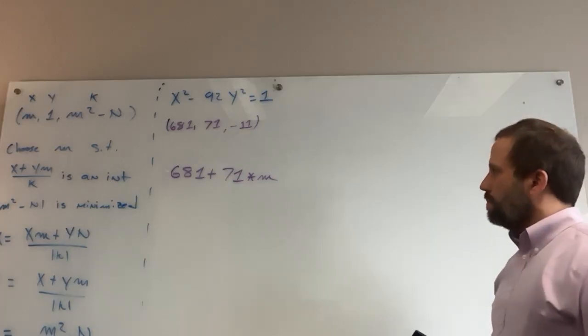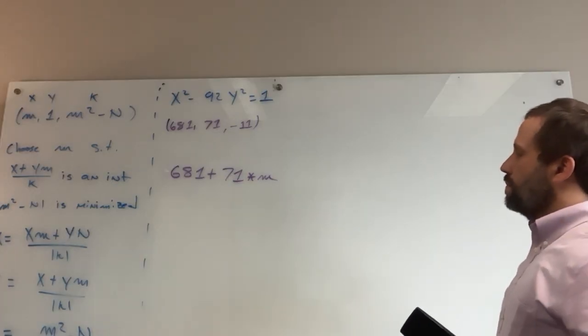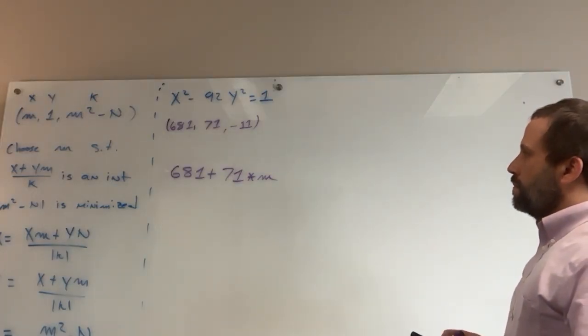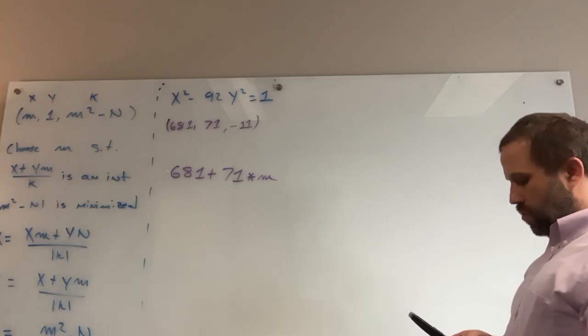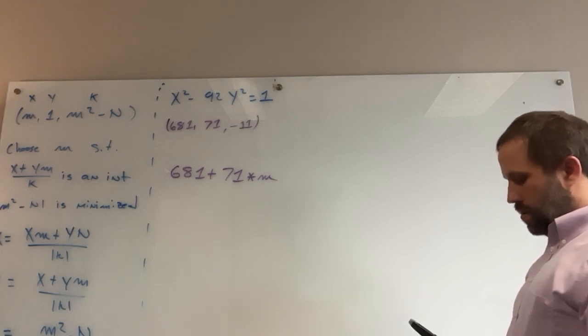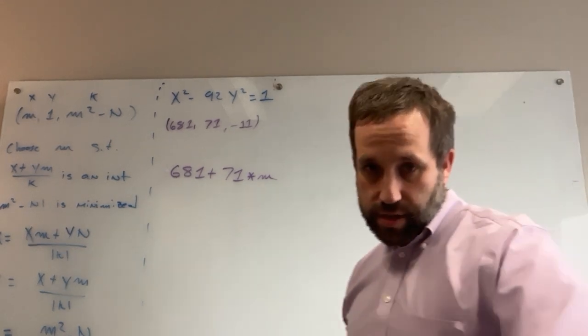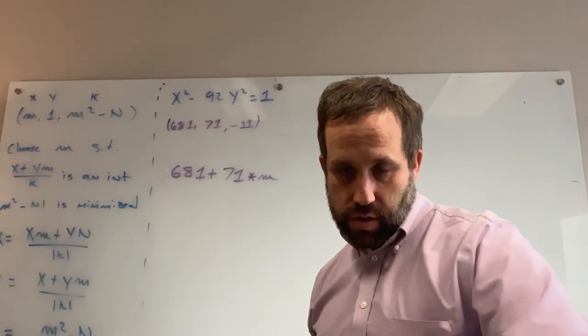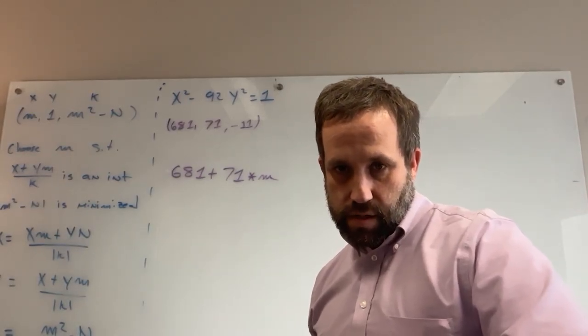Okay. All right, so let's see, 681 plus 71. Hold on, I need to make sure that my numbers here are also correct.